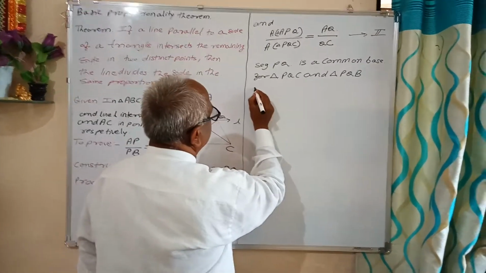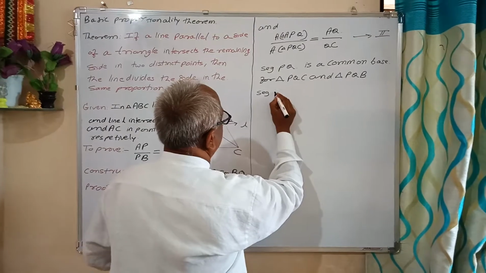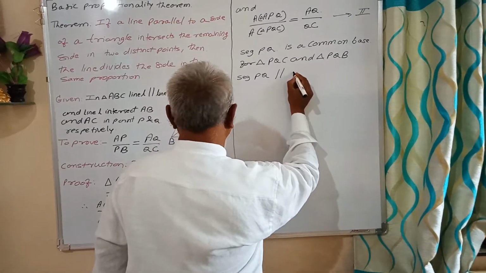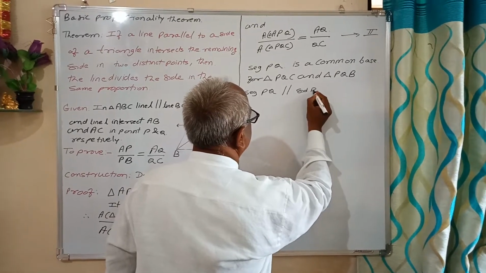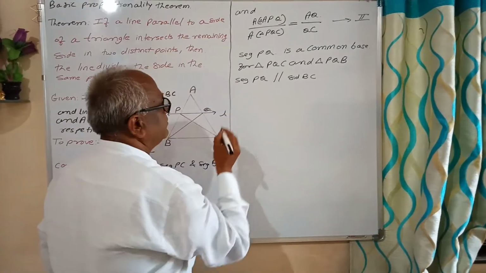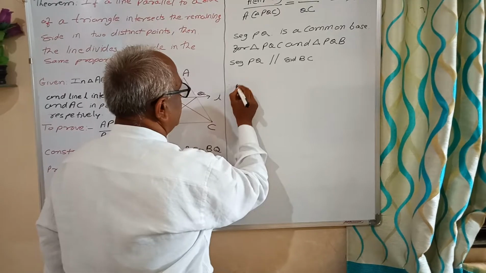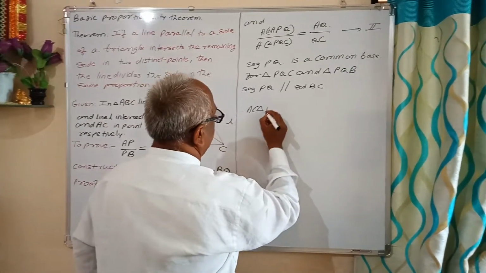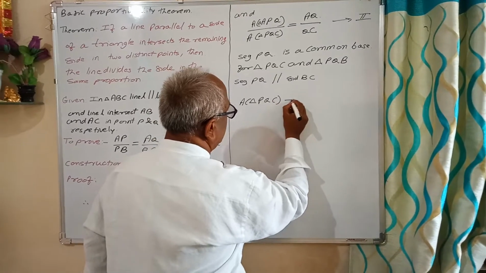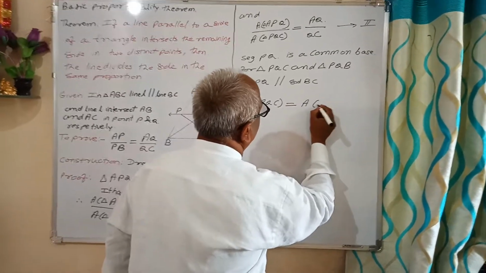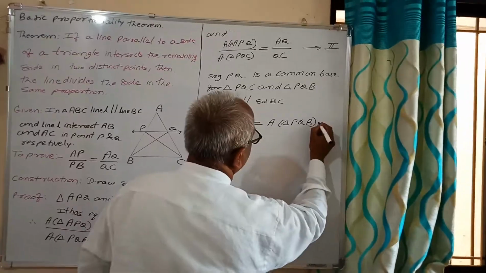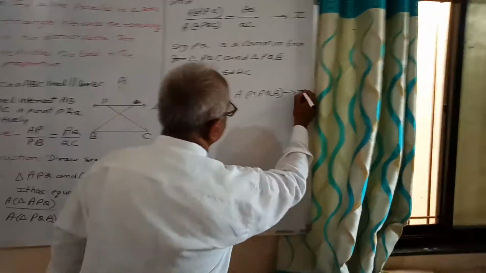And segment PQ is parallel to side BC. Therefore, area of triangle PQC is equal to the area of triangle PQB. This is equation number 3.